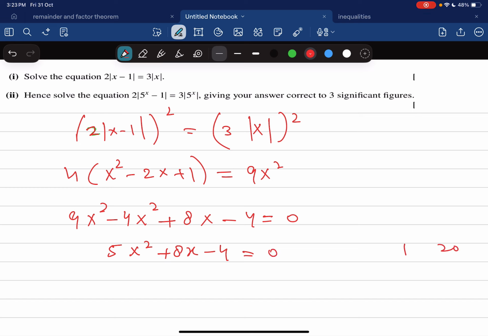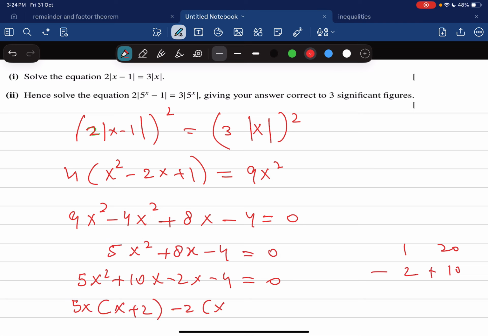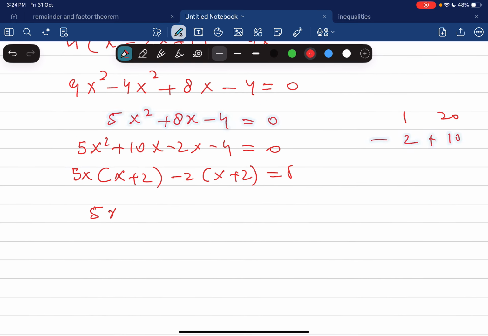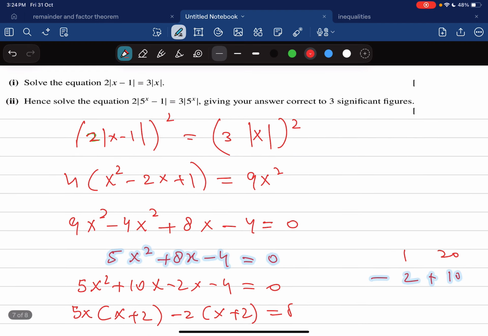The product is 20, split it into 10 and 2: 5x square plus 10x minus 2x minus 4. 5x common, x plus 2; minus 2 common, x plus 2. So 5x minus 2 and x plus 2. One answer is minus 2. These are two intersections, two answers.